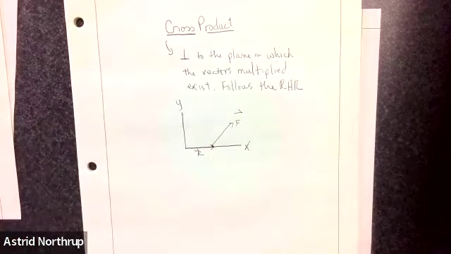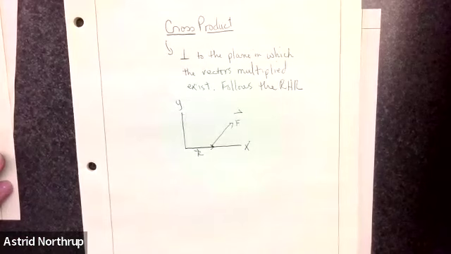That means that if you use your right hand and put your hand along the vector R and curl it up into the vector F, your thumb will stick out in the direction out of the page.